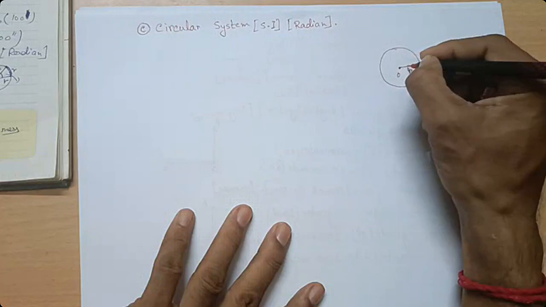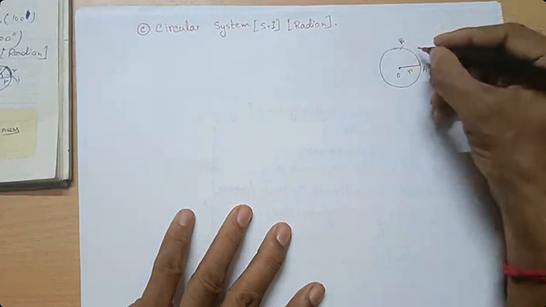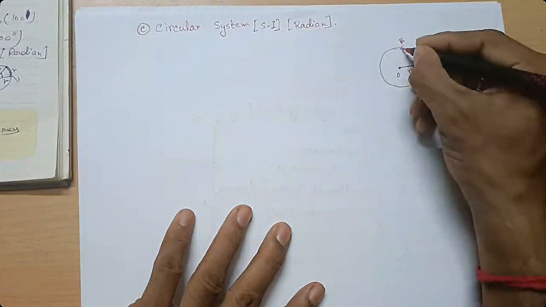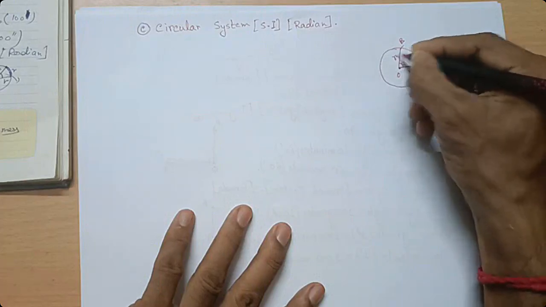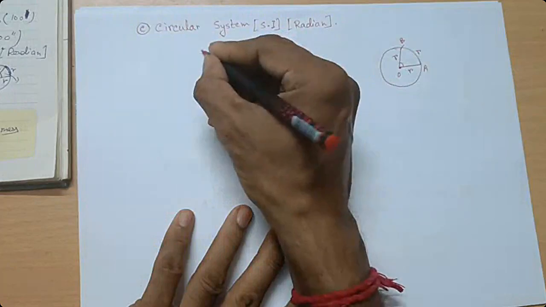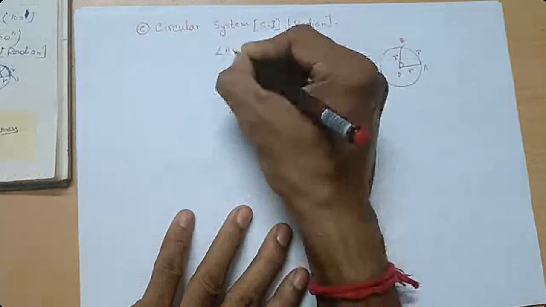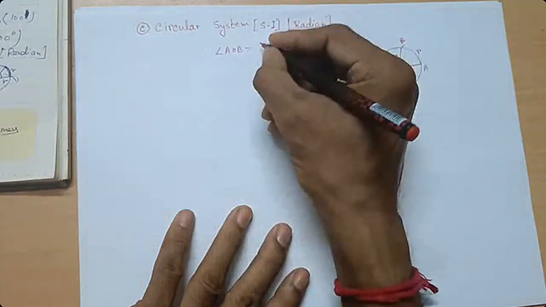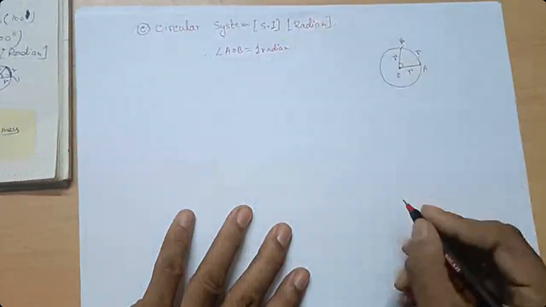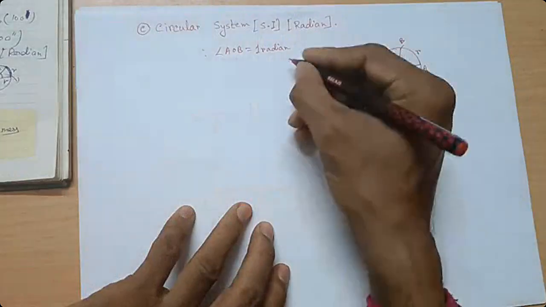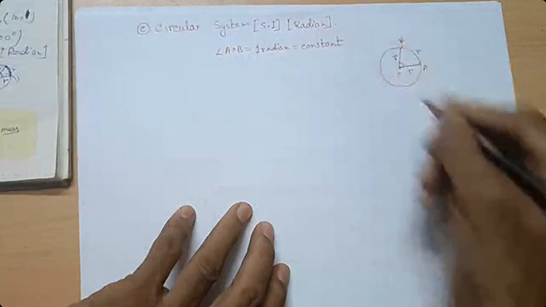If the length of arc AB is also R, then the angle subtended at the center is 1 radian. Therefore, angle AOB is equal to 1 radian. Radian is always a constant angle.